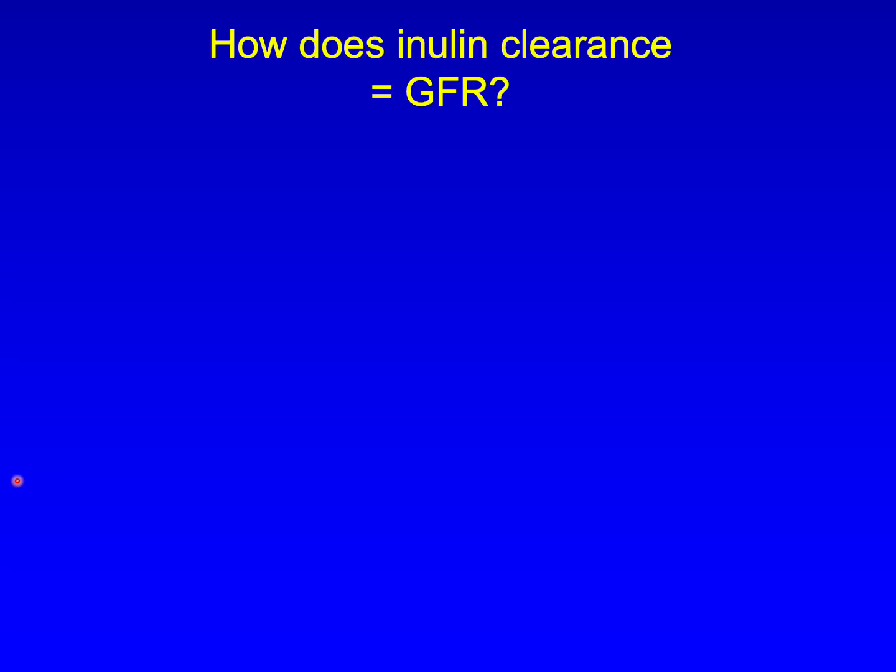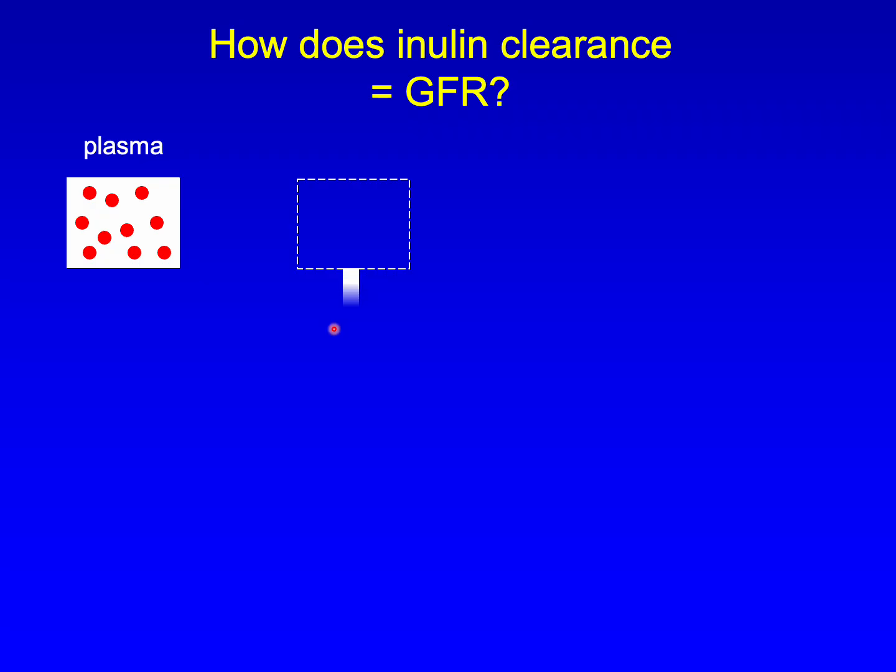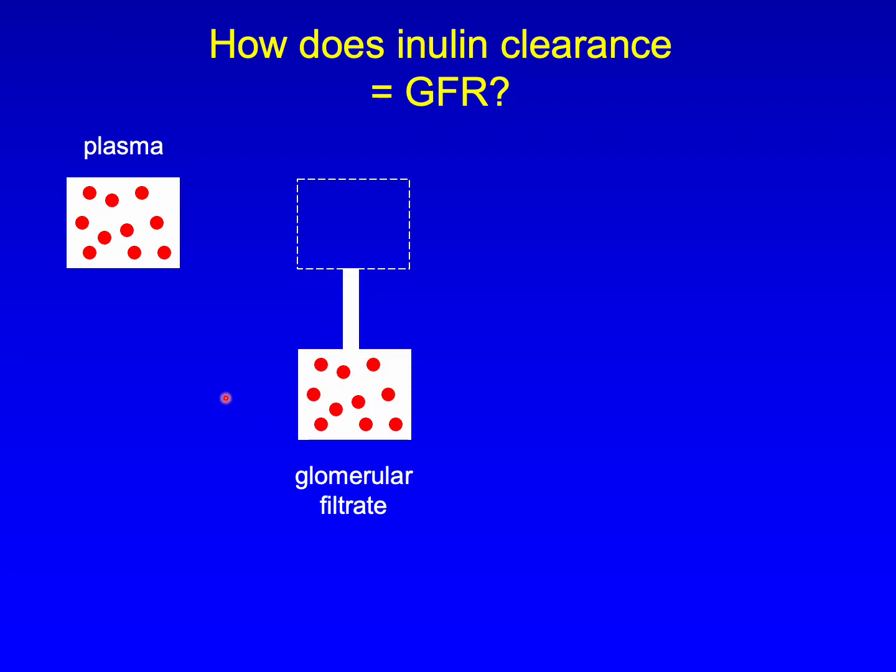Now, this is a quick visual to help you understand how it is that inulin clearance equals GFR. You start with a volume of plasma that contains molecules of inulin. This gets filtered by the glomeruli to make glomerular filtrate. And from there, almost all of the water is reabsorbed and returned to the circulation.